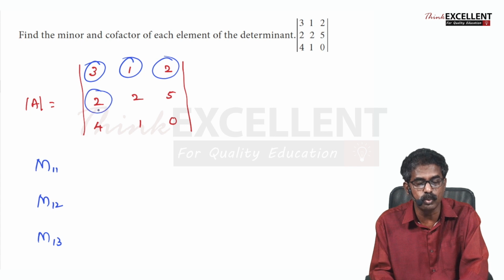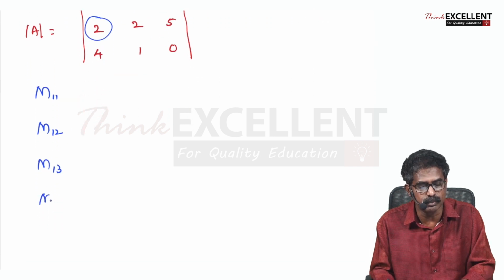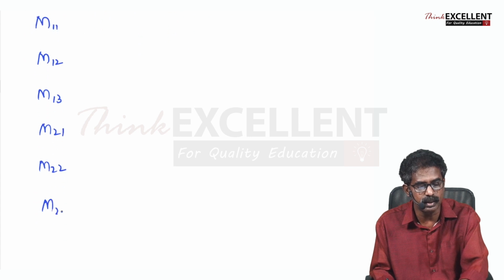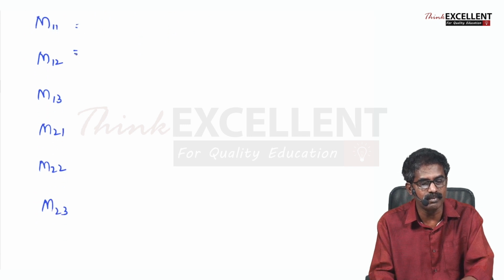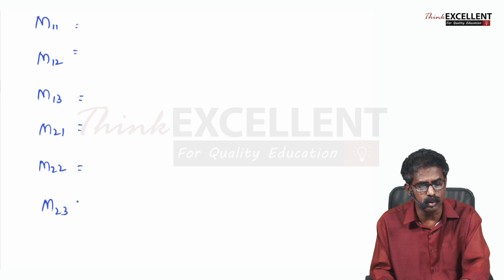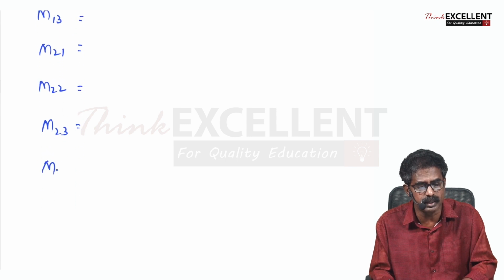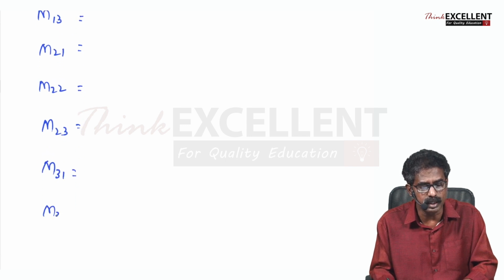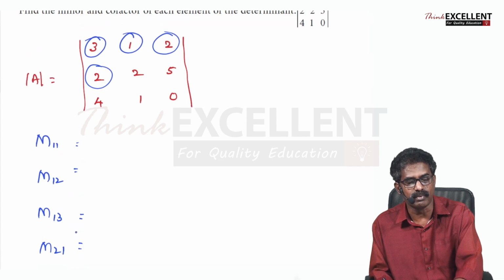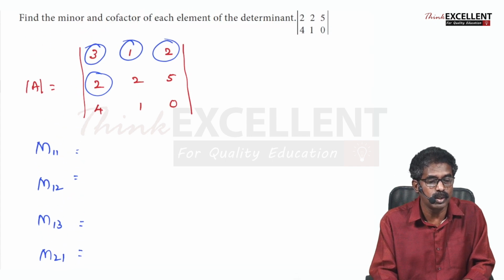Then 2, second row, first column: M21, M22, M23. Then the same way, in the third row, M31, M32, M33. Like this, you can denote the minors.